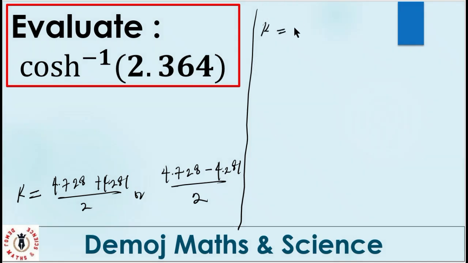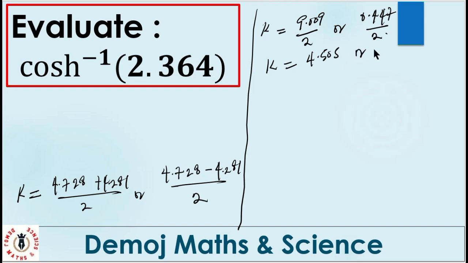From my calculator, k will be the same thing as 9.09 over 2, or 0.447 over 2. K is obviously the same thing as 4.505 or 0.2235.